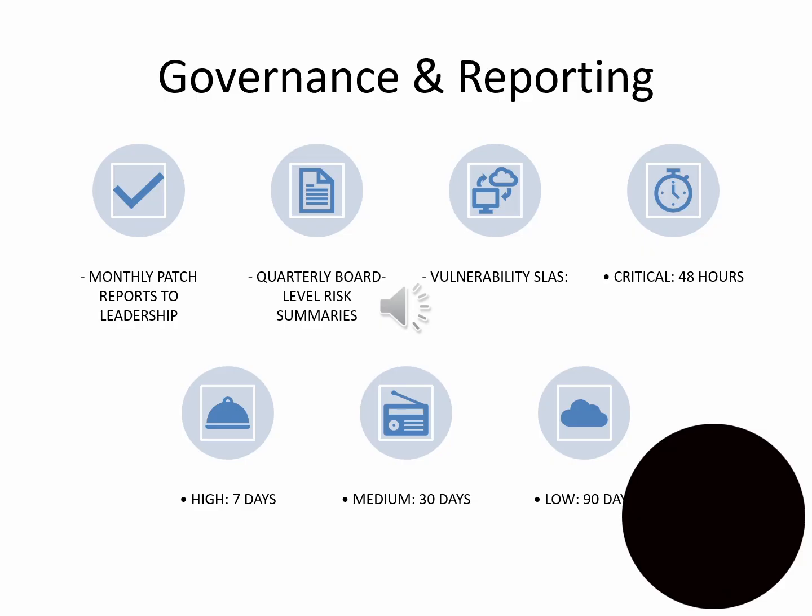Say, for instance, we just detected a vulnerability through a Qualys scan. Does it fit the requirement to be considered a high vulnerability? If so, then we have seven days to address that issue. Is it a medium vulnerability? Then we have 30 days. Is it low? Then we have 90 days. But is it critical? Then we have 48 hours or less to address it.